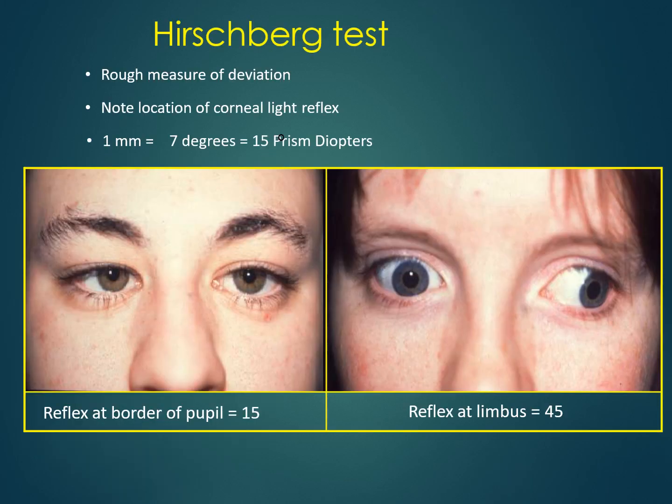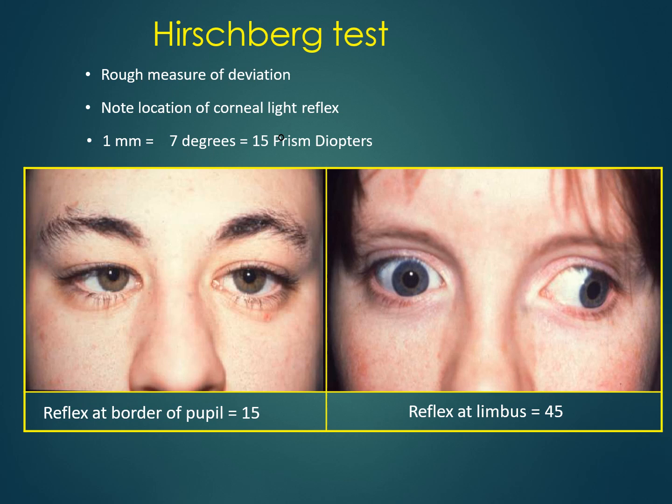Hirschberg test. It is a rough method to calculate the angle of deviation. In this test, the patient is asked to fixate on a pen light held by the examiner nearly 1 meter away. In order to estimate the degree of deviation, one must remember the following. 1 millimeter is equal to 7 degrees is equal to 15 prism diopters.